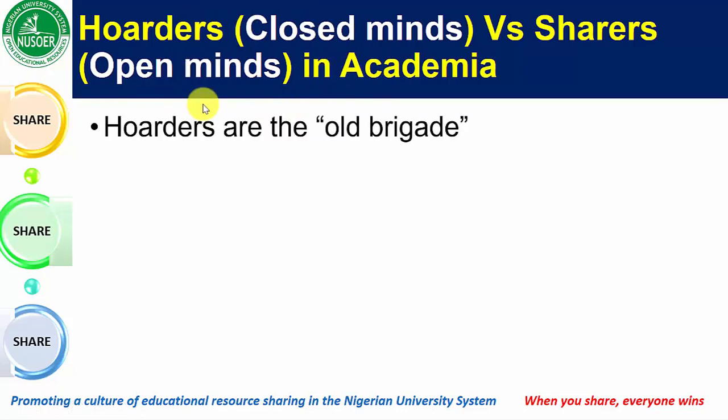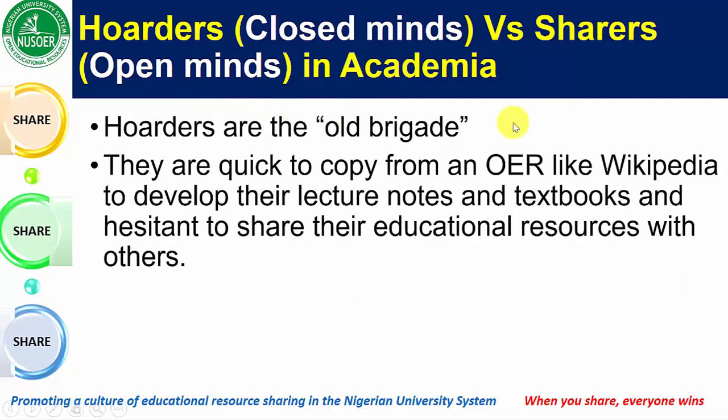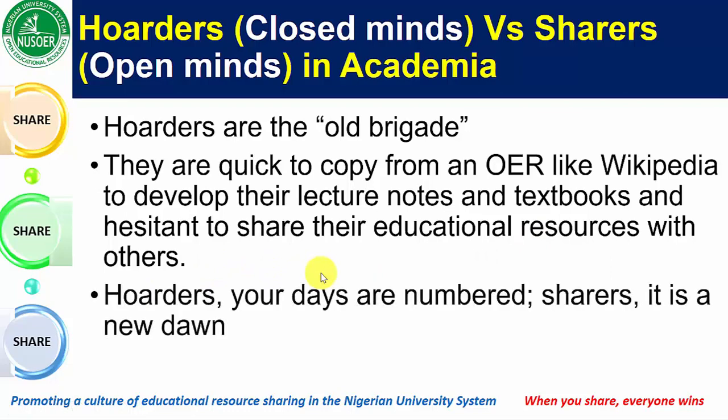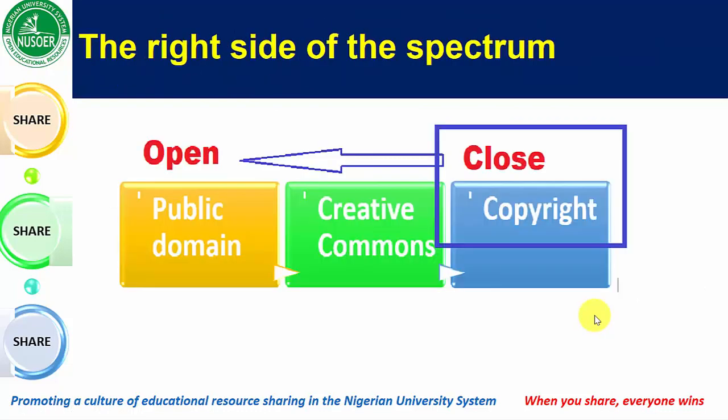Interestingly, the hoarders are the old brigade, all these old professors who were very quick to copy materials from Wikipedia, download from everywhere, and use them to build their lecture notes and textbooks. And of course, they are then hesitant to share the educational resources. Good news is that hoarders, your days are getting numbered. Those who want to share, we have a new dawn dawning. It's a new dawn for those who want to share.